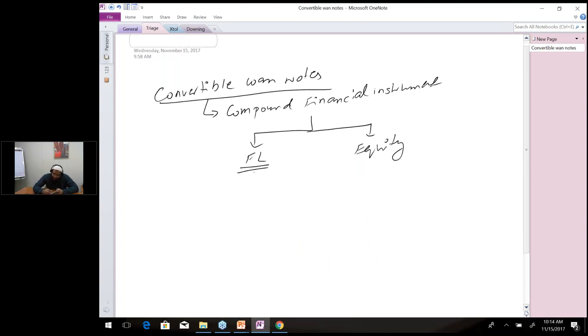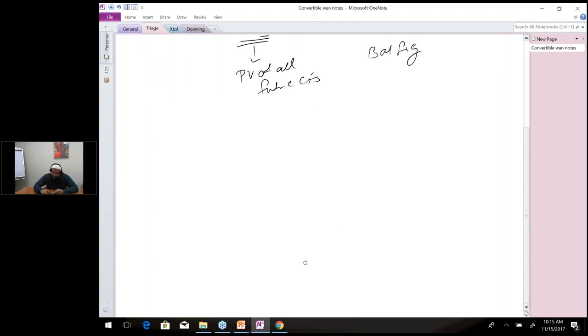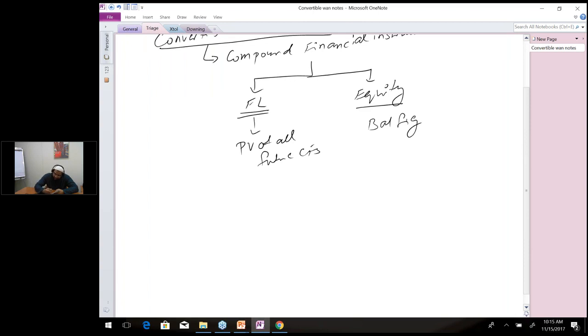Financial liability is calculated as the present value of all future cash flows, and equity becomes the balancing figure. So this is how we calculate both the components, and then we prepare the table: the year, brought down, interest expense, interest paid, amortization, and carried down.